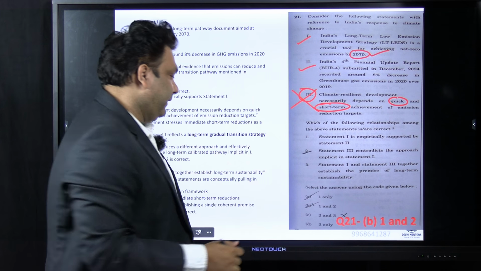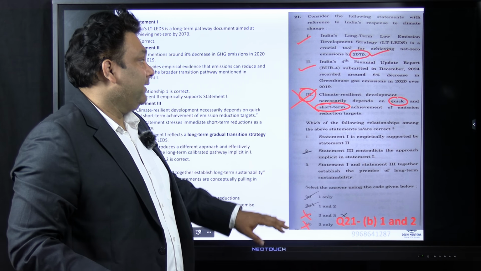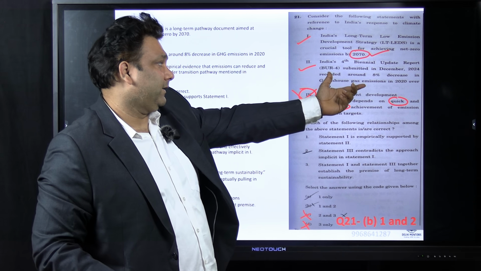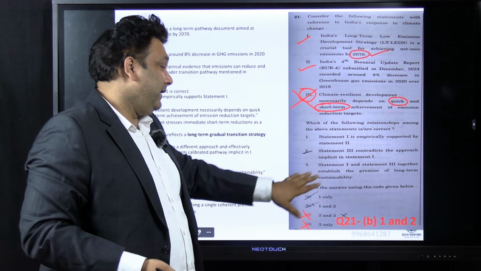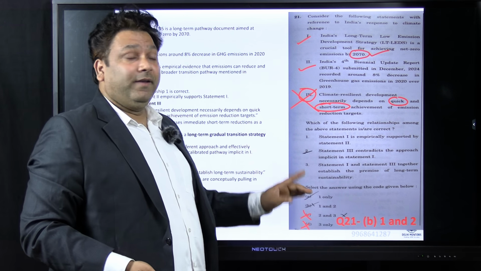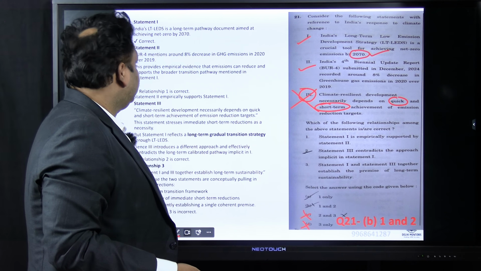So if you are eliminating 3, so these 2 options are eliminated and these 2 are remaining. And here you see, so this also sounds somewhat correct. So even though you might not be able to remember the percentages and all, ये सही लगेगा. So the option for the 21st question, and this is set here by the way. So the option is B, 1 and 2.